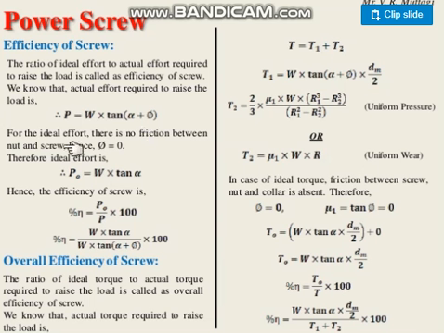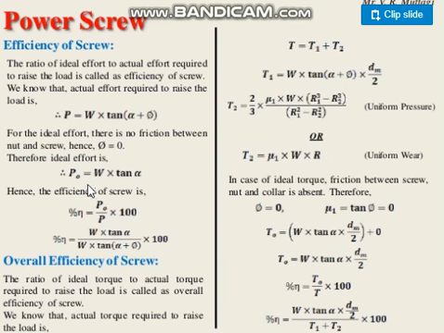In the ideal case, where there is no friction, that means phi is 0. Phi is the friction angle, alpha is the helix angle. If this is 0, then only tan alpha will be left.